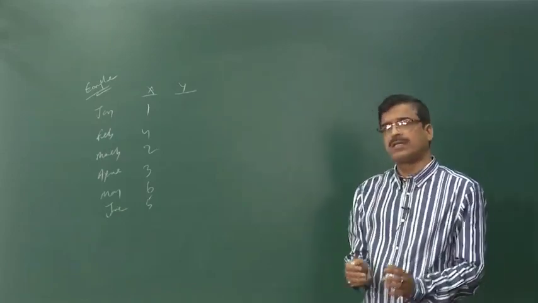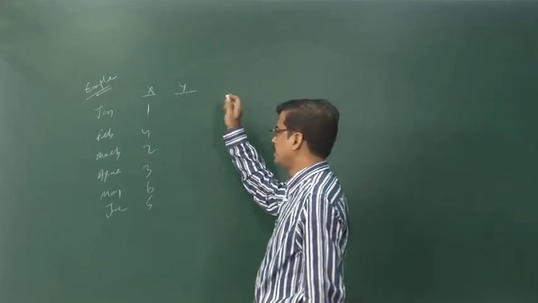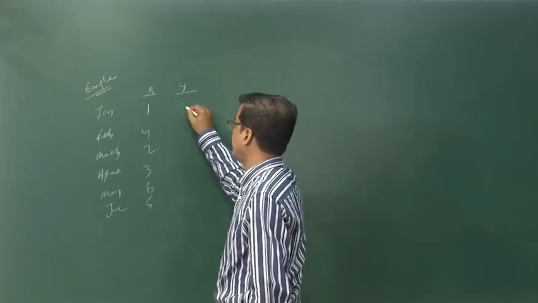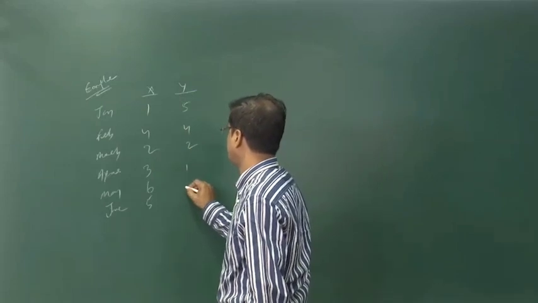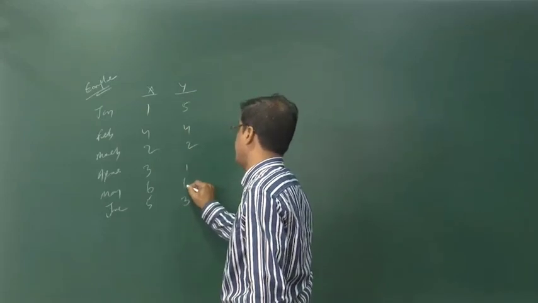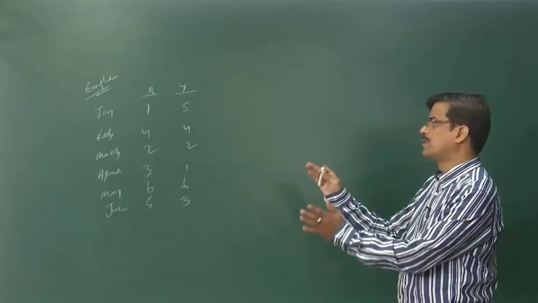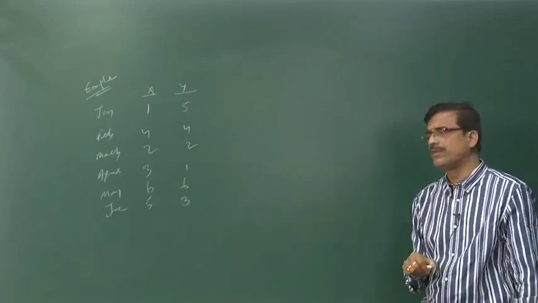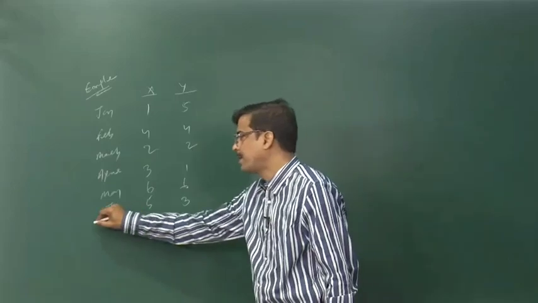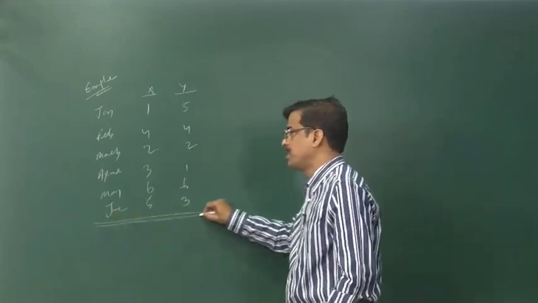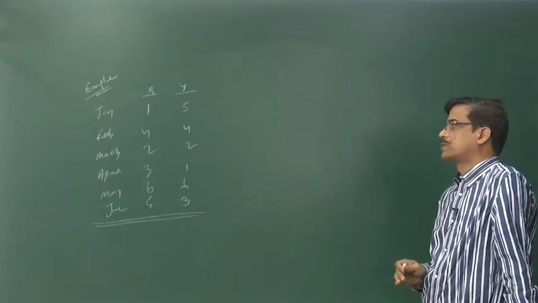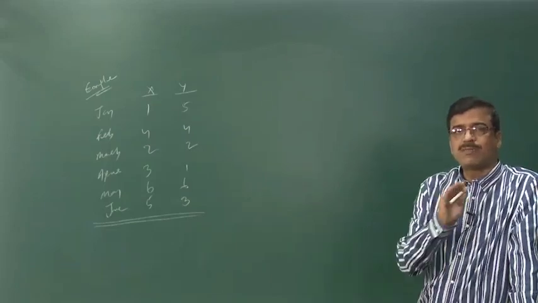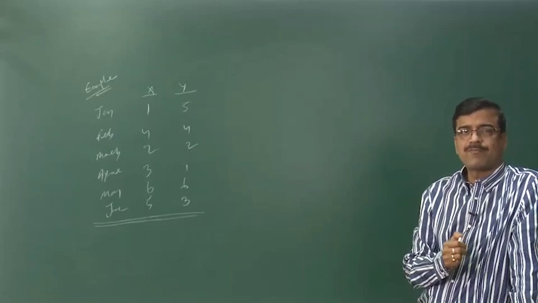In exactly the same manner for the Y company, let us take 5, 4, 2, 1, 3 and 6. We assign 1 to 6 for both companies, since the 6 months sales figures are given and ranked.